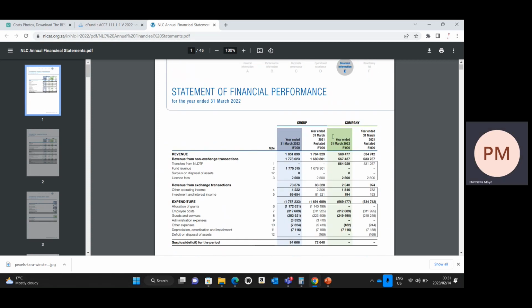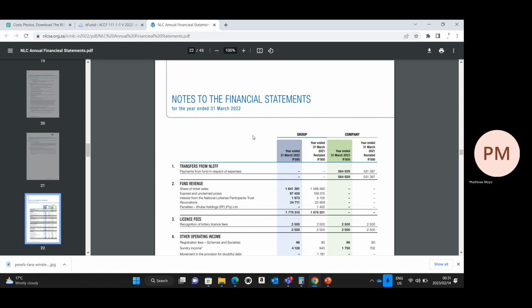So the statement of financial performance, this is a statement of profit and loss and other comprehensive income. If you're looking at the expenditure, they just summarized it to 1, 2, 3, 4, 5, 6, 7. Yes, and then on page 22, I think, they explain in detail what is under expenditure.